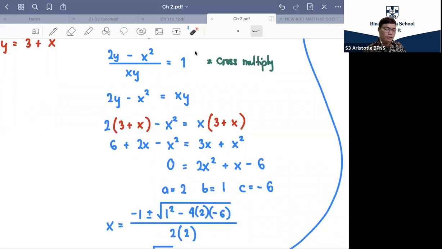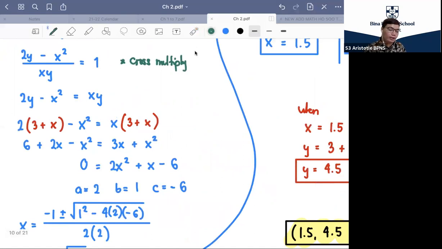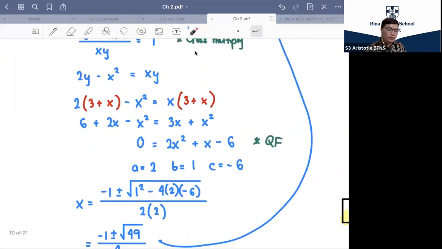Okay, so what's next? So either factorization or quadratic formula. So I use the quadratic formula. So this is A, B, and C from here. So this is negative 1 plus minus square root of 1 squared minus 4 times 2 times negative 6, over 4.